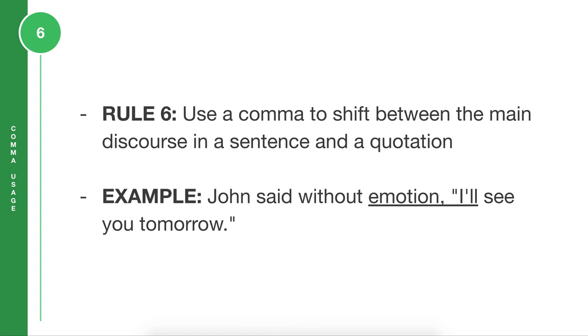If we started the sentence with John's quotation, well, then we would put a comma right when his quotation ends to indicate that we are now talking. So our comma just basically indicates who is and is not talking. When you introduce a quotation, you need to put a comma right before that quotation in order to show that a shift is occurring there.